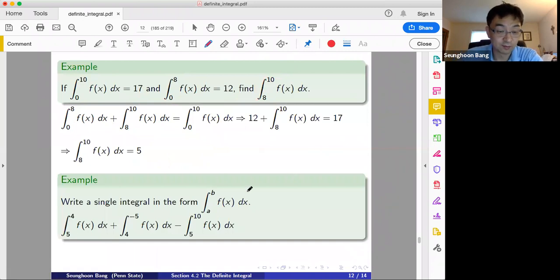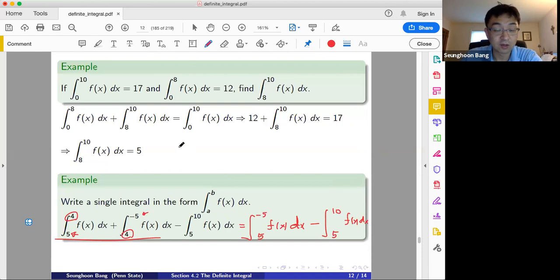The next one: write a single integral in the form, this kind of thing. How can you do that? Here, combine these two integrals: the integral with lower limit 5, upper limit minus 5, f of x dx, minus the integral from 5 to 10 of f of x dx.